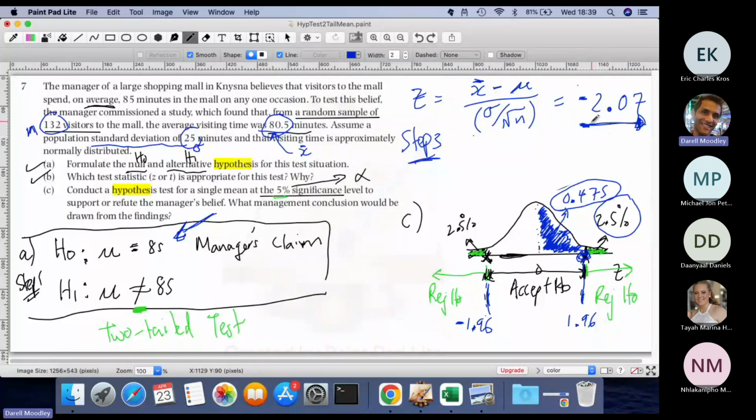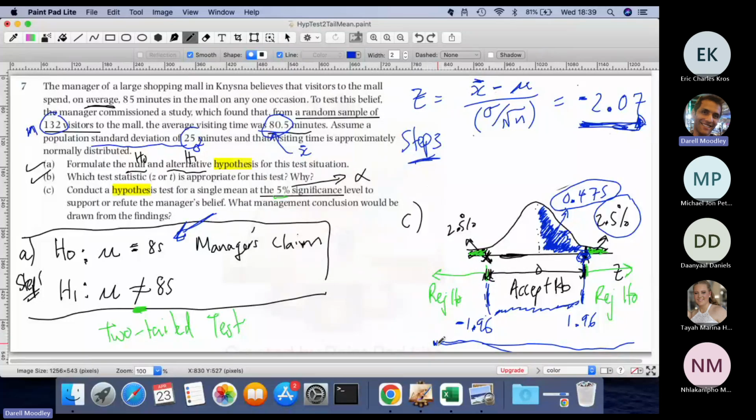Step 4 is to look at what you had in step 3 and compare it to where it falls in this region. Does it fall in this area here? And the answer is no. This is minus 2.07, so this is more negative than minus 1.96. It's even further to the left.